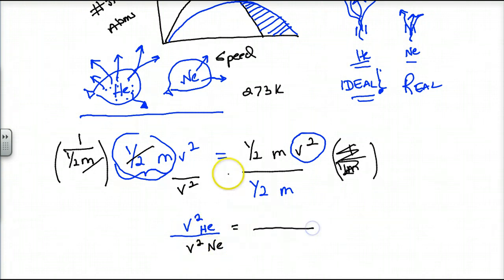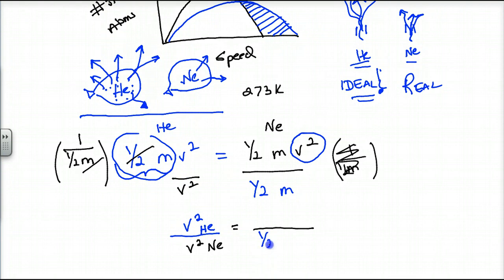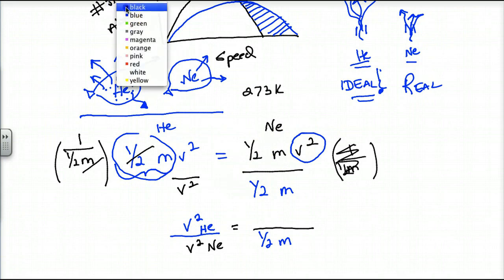Well, where did this 1/2 m come from? It came from the helium side. This is helium, and this is neon. So this went on the bottom, and this gives me 1/2 m. This was already here because this is the neon side.